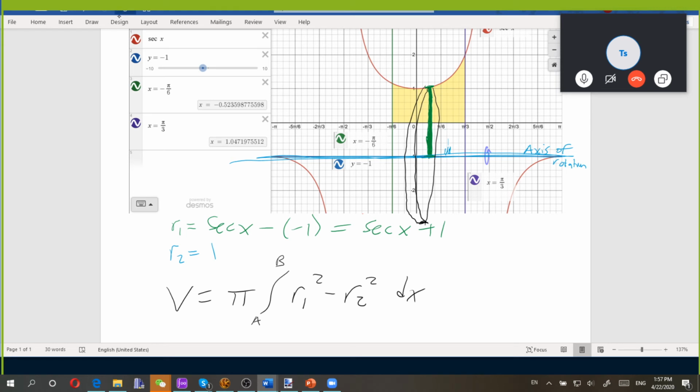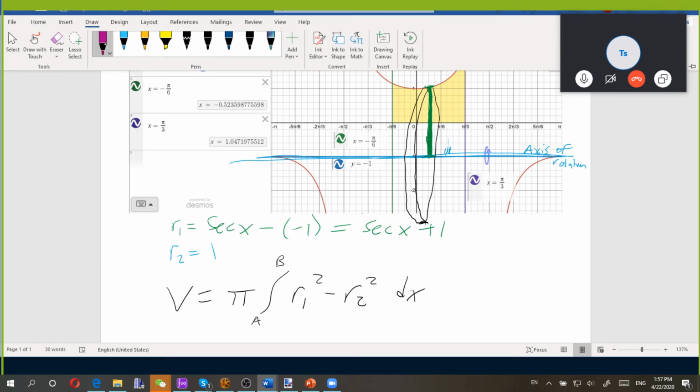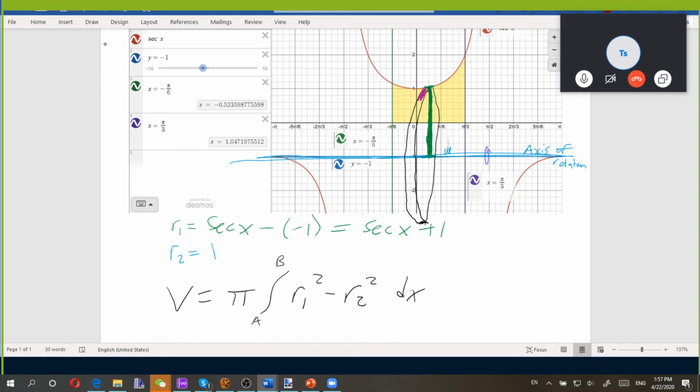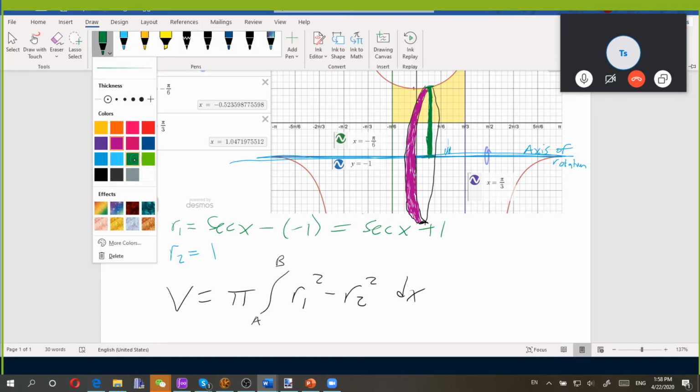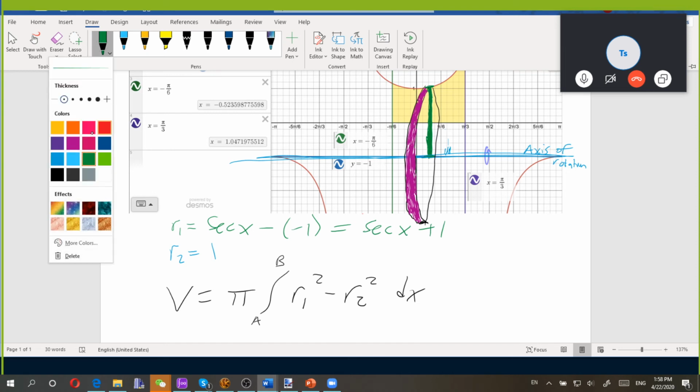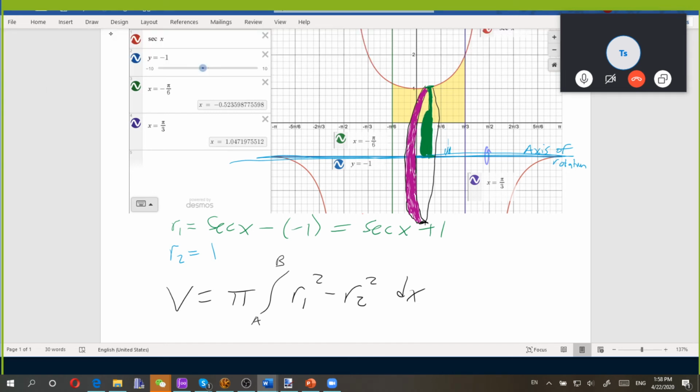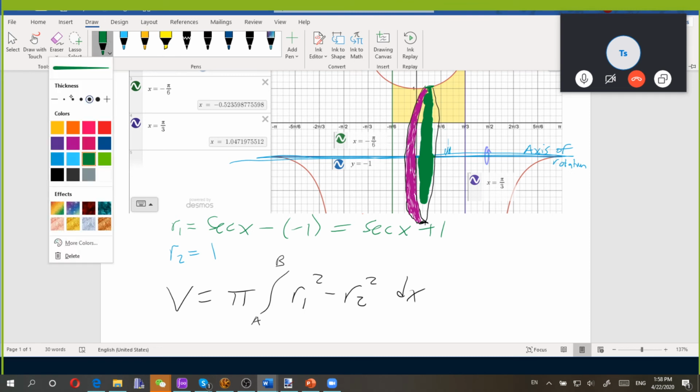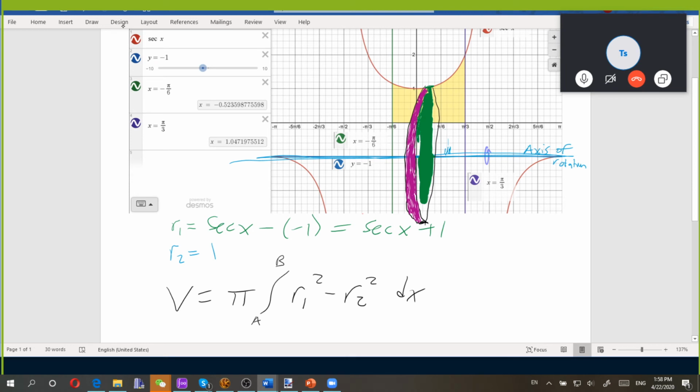Okay, once we've got that disk, which will have an infinitely small change in x, then I'm going to take that disk here in green and we're going to cut out a smaller disk in blue, to make the hollow part of our shape.